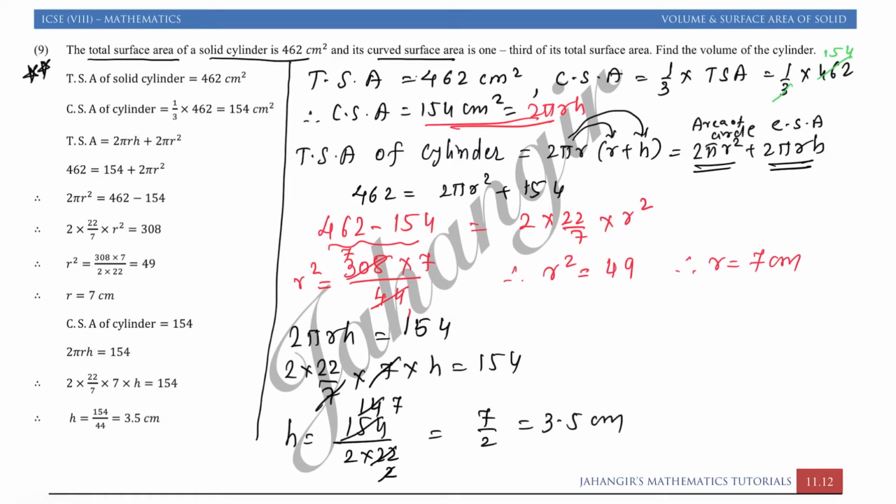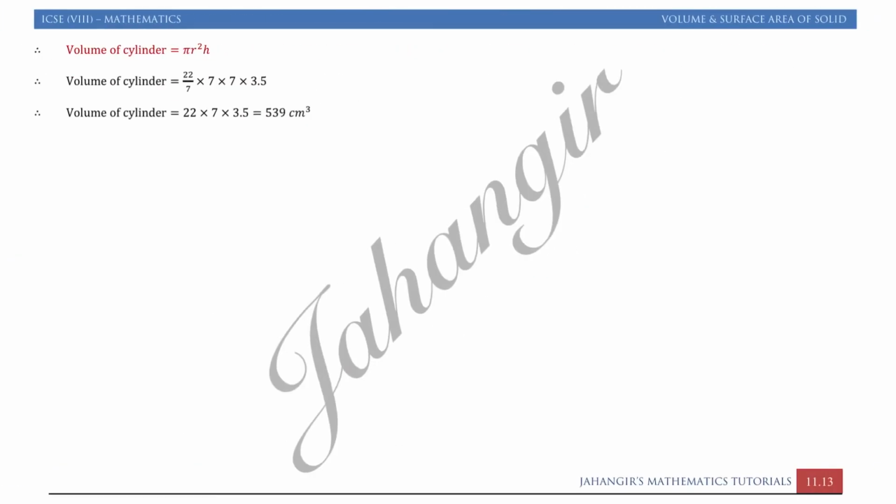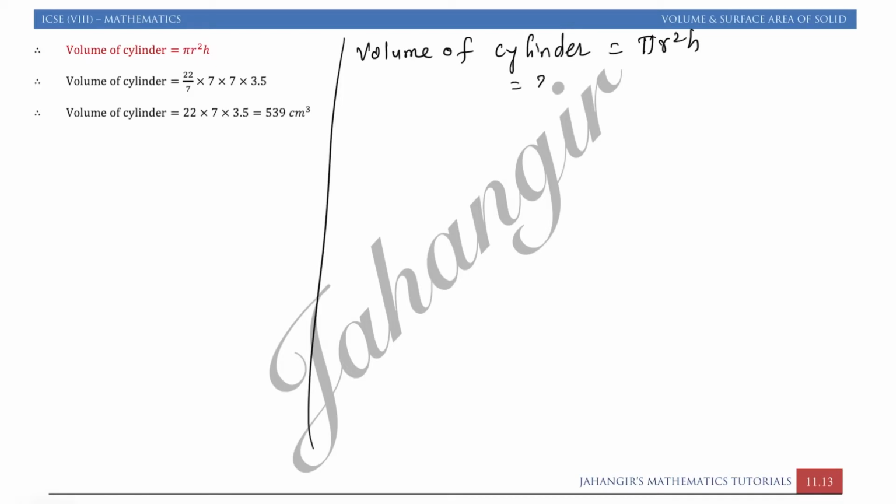Now we will find the volume. Volume of cylinder is equal to pi r square h, that is 22 by 7 into 7 into 7 into h, which is 3.5. 7 cancels.